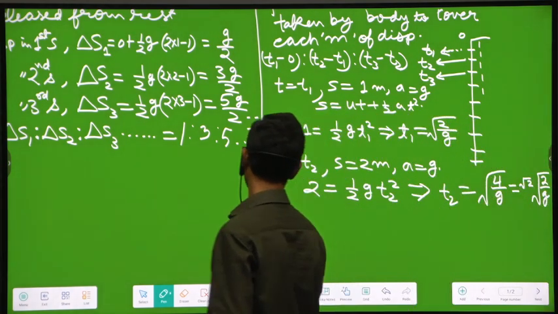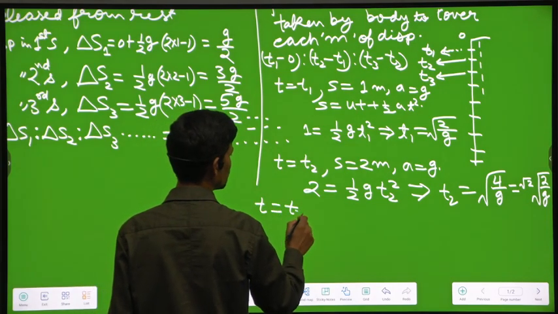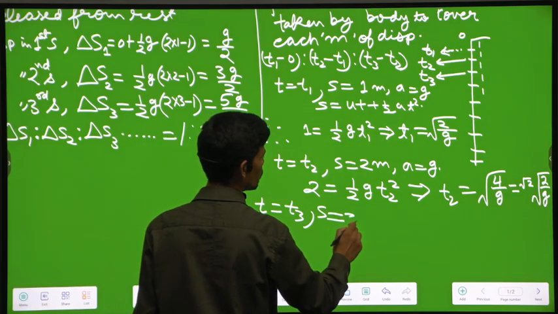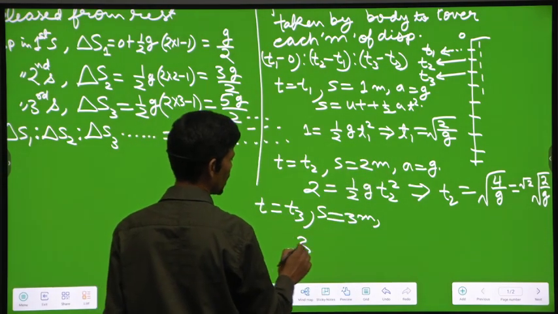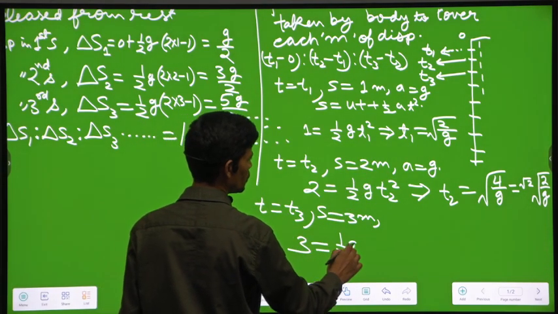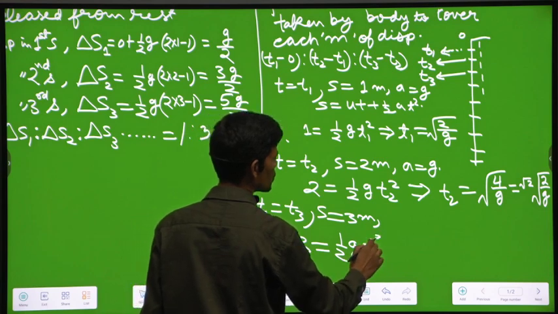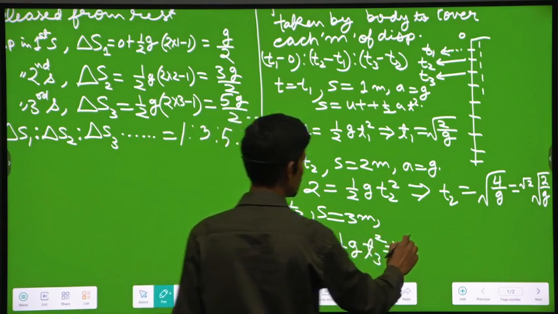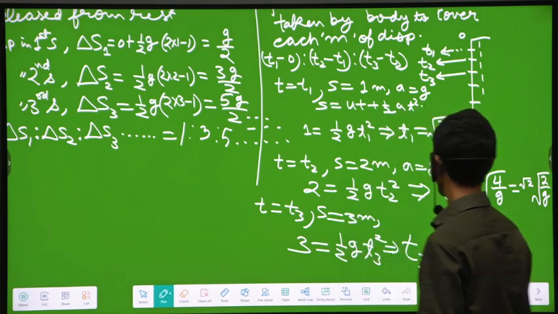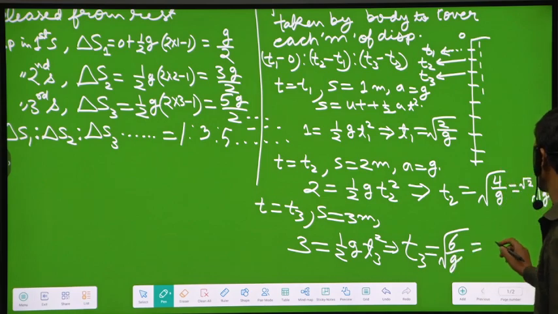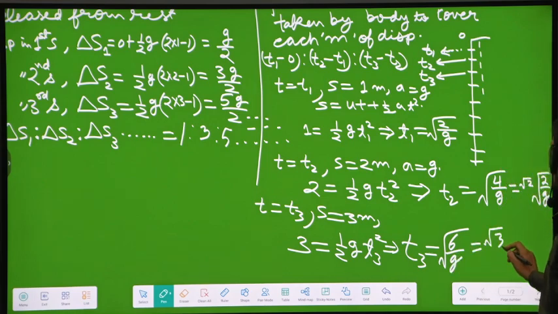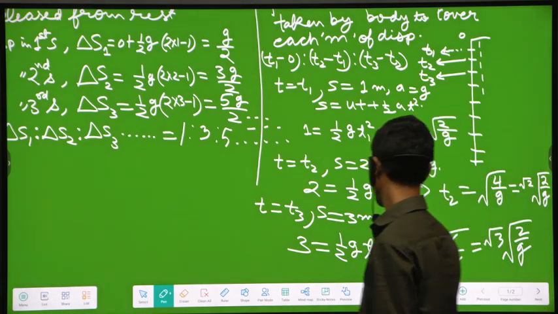One more, t equal to t3, so s equal to 3 meters and a equal to g. We know that 3 equals 1 by 2 g t3 square. So t3 is equal to root 6 by g, which is root 3 root 2 by g, and so on.